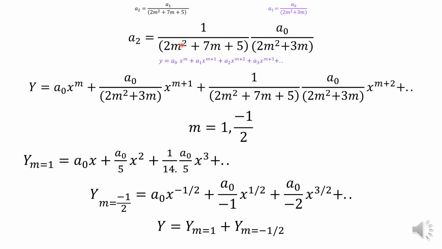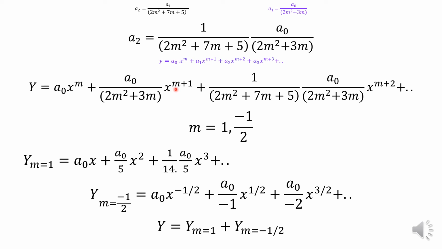What is a2? This is a2. Same value we will try to put. Now, because we know the value of m is 1 and minus 1 by 2, this we do. So y, if you put m is equal to 1, this is a naught as such, x to the power 1, plus a naught, m is equal to 1, so 2 plus 3, 5, x to the power m plus 1.